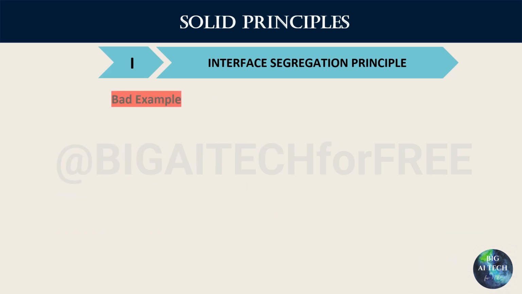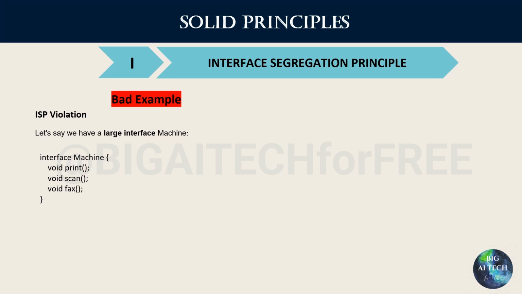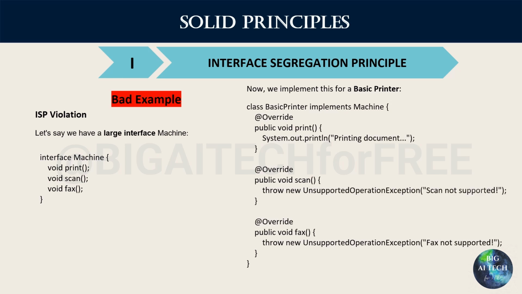If you take the violation example as we are seeing, here is a machine with print, scan and fax, right? That's the interface. Now we are implementing for a basic printer. So basic printer is implementing machine and it's overriding and implementing print, scan and fax. It had to implement everything.